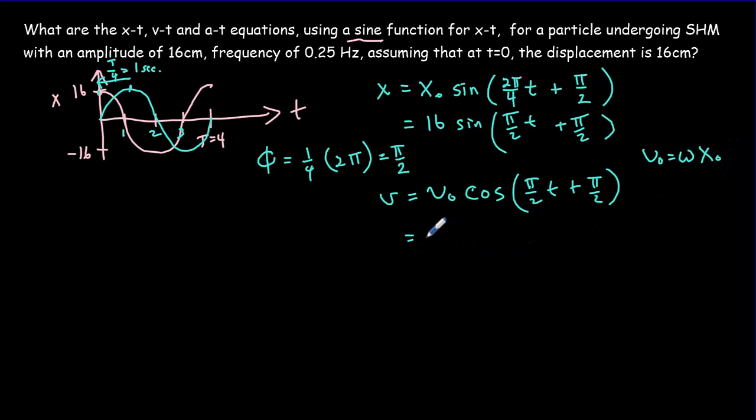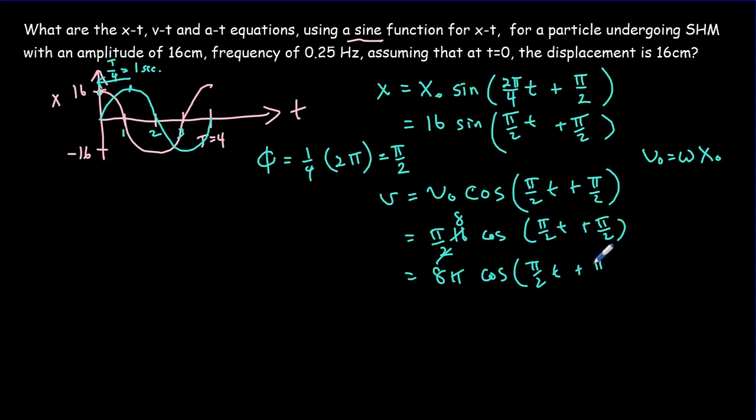So that's going to be equal to pi over 2 times 16 cosine of pi over 2 t plus pi over 2, and this will come out to be 8 pi. So we get an answer there of 8 pi cosine of pi over 2 times t plus pi over 2.